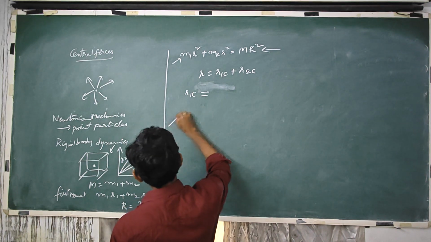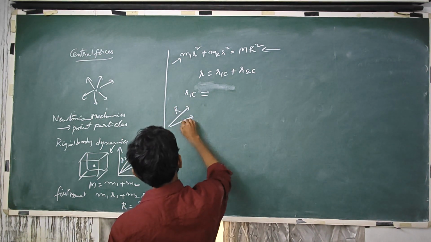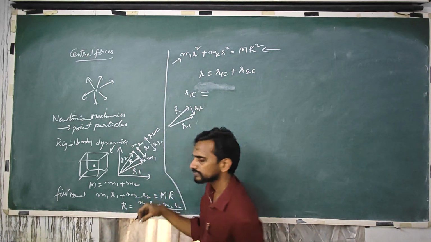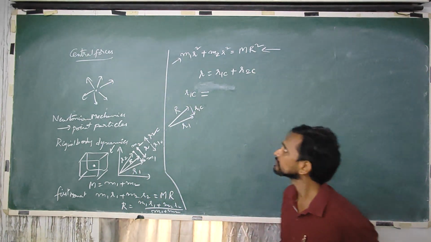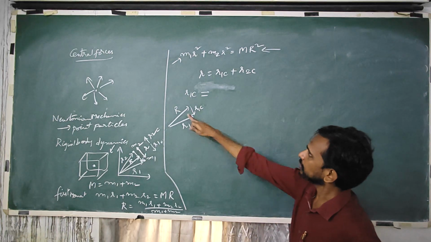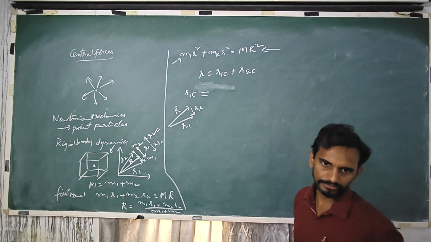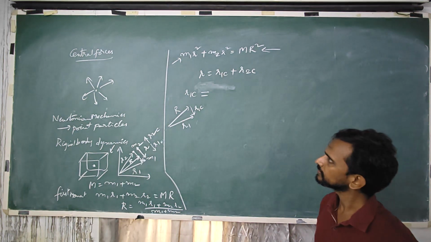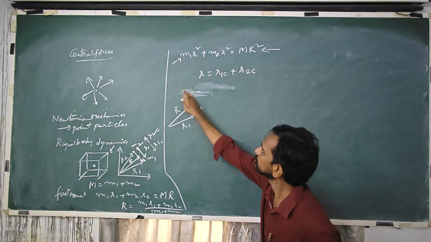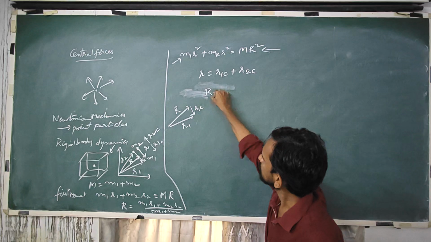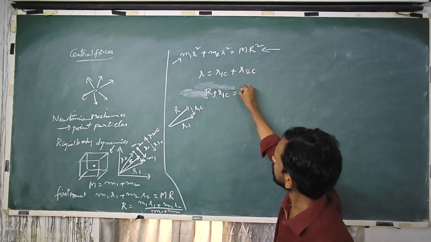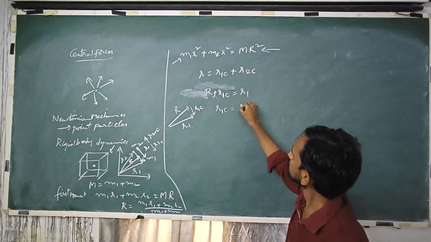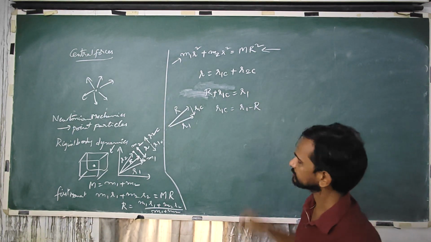This is R1 and this is R1C. So R plus R1C is equal to R1. So from here R1C is equal to R1 minus R.